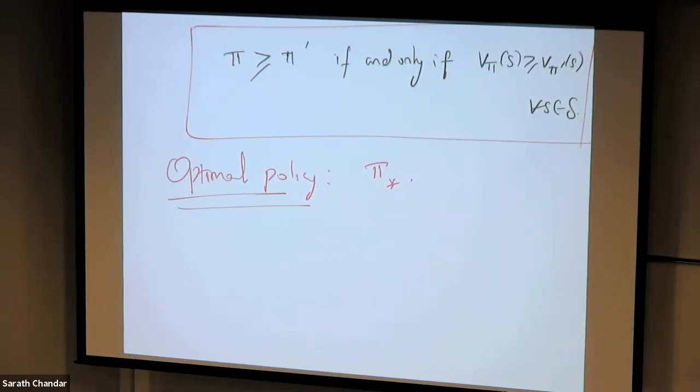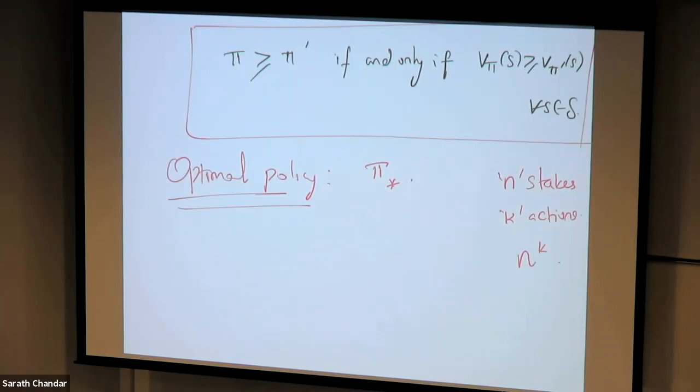Can someone tell me how many possible policies there are? Simply n power k. So there are finitely many policies.